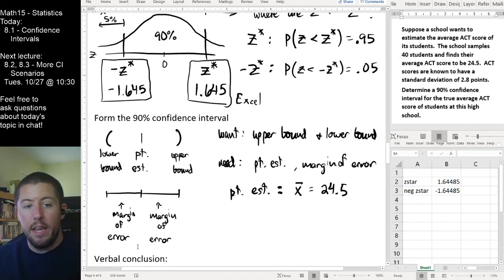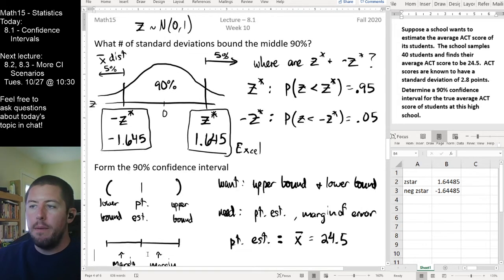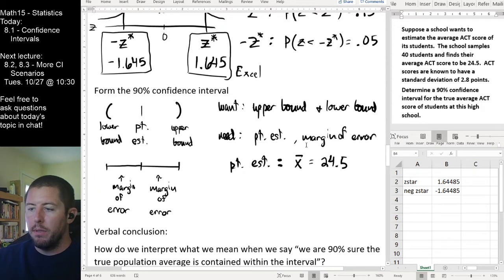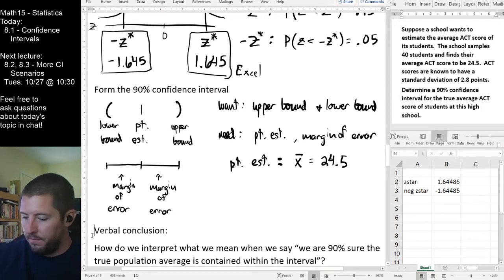So really the big thing here is we need to know how do we compute our margin of error here? Well, what we've decided is that for a 90% confidence interval, what captures the middle 90% is going 1.645 standard deviations above and below the mean.